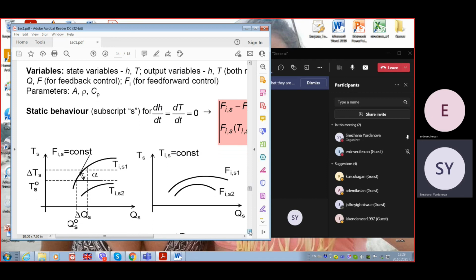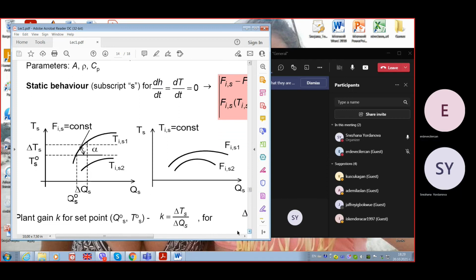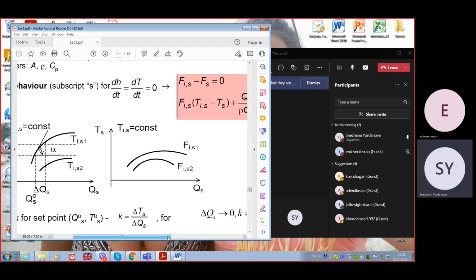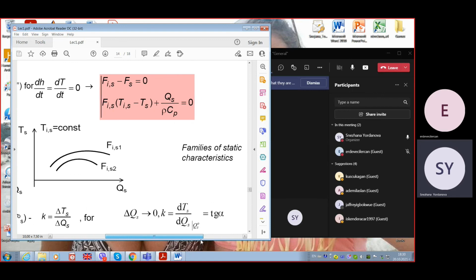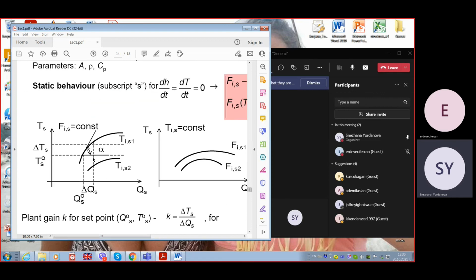So the change of output per unit change of input gives us an approximation of the gain. For small changes, we have derivatives, and this derivative is the tangent of the angle between the tangential line and the abscissa. The tangent of angle alpha gives us the gain.